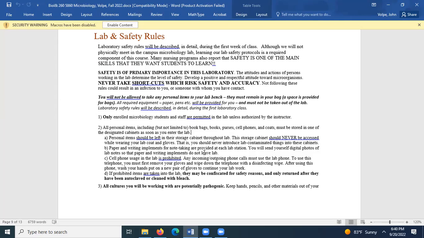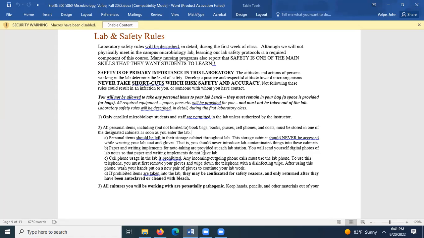Now, usually pencils, pens, and paper, we give you those in the lab, and they'll stay in the lab. They never leave. If you wanted to take a copy of your notes home, you would have to take a picture and then email the picture to yourself, and then you could take that home, either the picture in the email, or you could go to someplace and print it out and take it home.